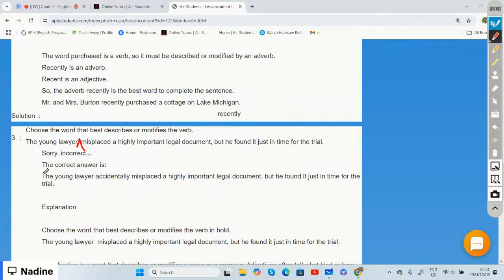So do we say the young lawyer accident misplaced a highly important legal document, or accidentally misplaced a legal document? So which one is correct? Accident or accidentally?